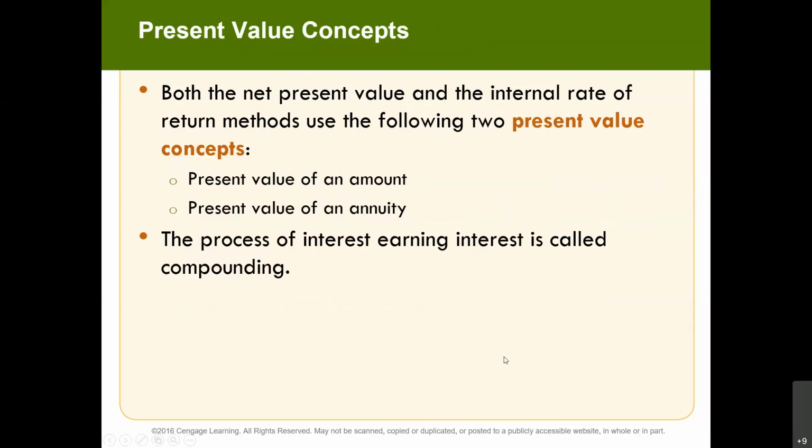So let's talk about the concepts. Both net present value and the internal rate of return use what we call present value concepts. This includes the present value of an amount and the present value of an annuity.